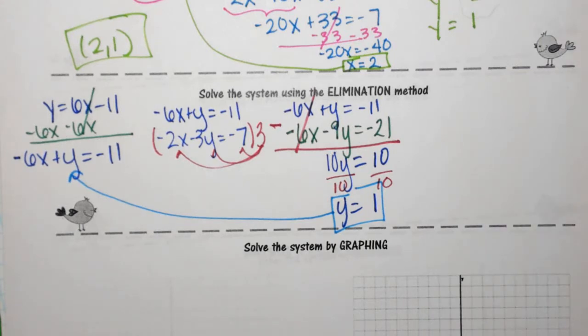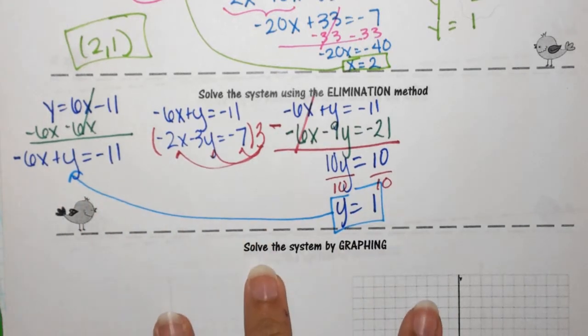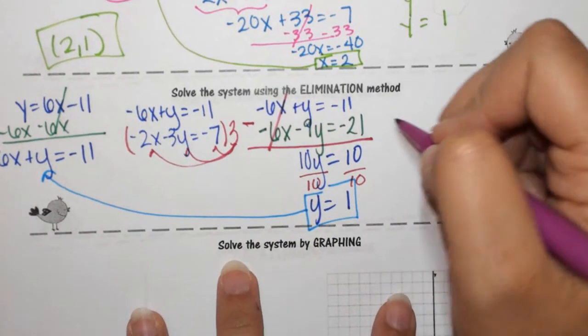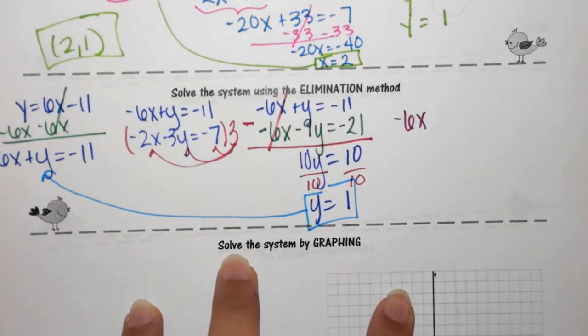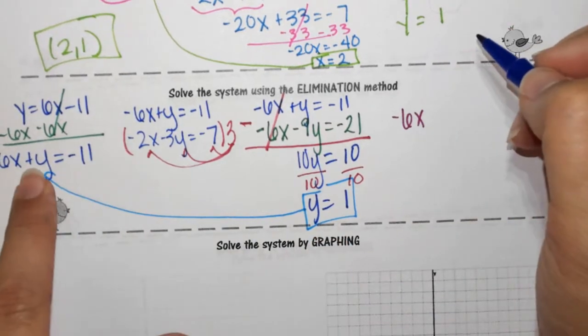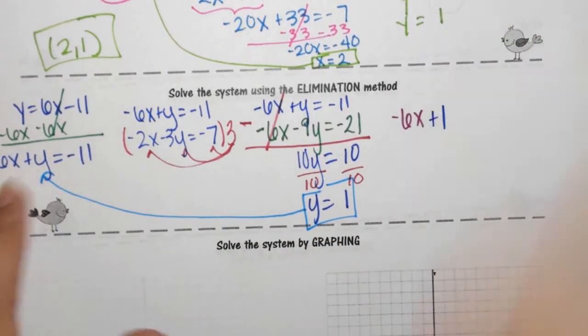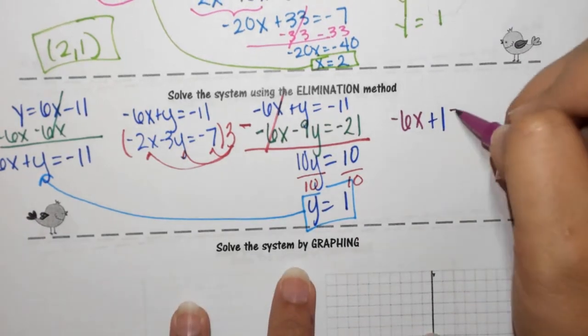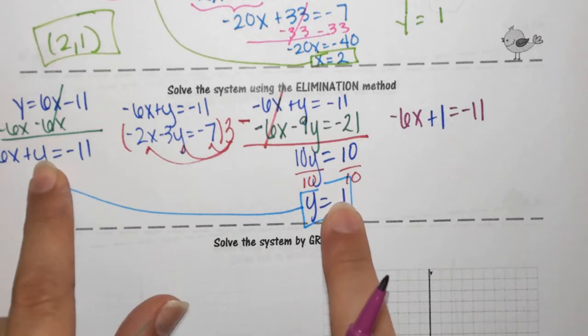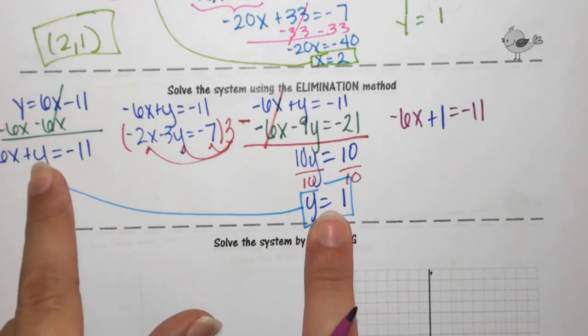All right, Damien. Help me plug this 1 in for y over here. Plus 1. Fantastic. Now, he replaced that y with the 1 because it says y equals 1.